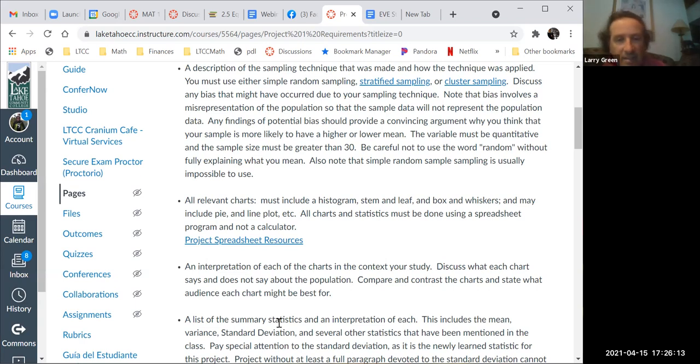You're going to conduct the study and get a data set of a little over 30 values. Just a note, if you're doing stratified or cluster sampling, it's just one data set, even though you've split it into different groups. That's just to get unbiased data. There's going to be just one column of data that you use.